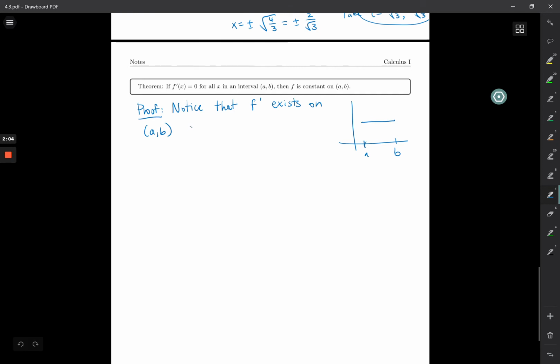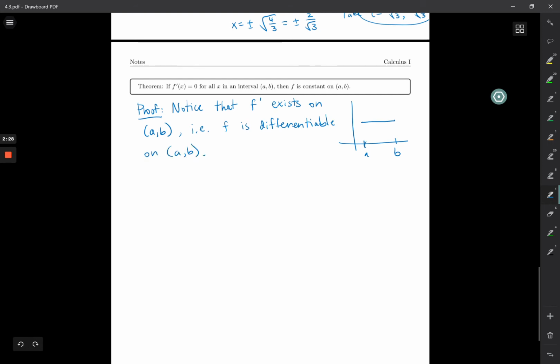F prime exists on the open interval a to b, which means f is differentiable on the open interval a to b.